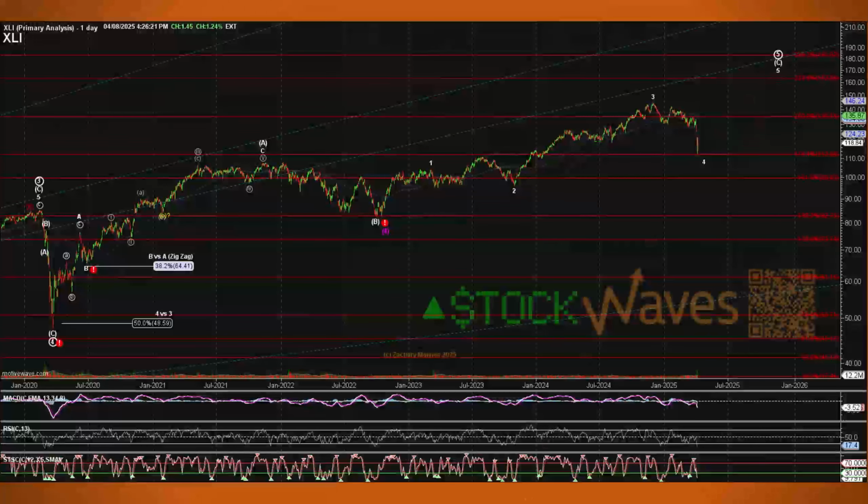And if we're dealing with a diagonal for that larger C wave, then it means that this wave 2 is probably going to be wider and even higher than the typical 50 to 61.8% retrace, sometimes even coming up to the 76.4 retrace or higher. So that was another name that, even though the larger structure looked more bearish as the start of a bigger move down into April, it too is due for a pretty substantial bounce.